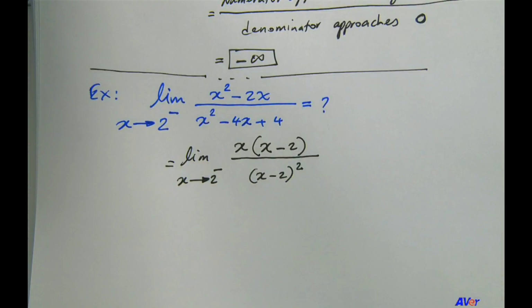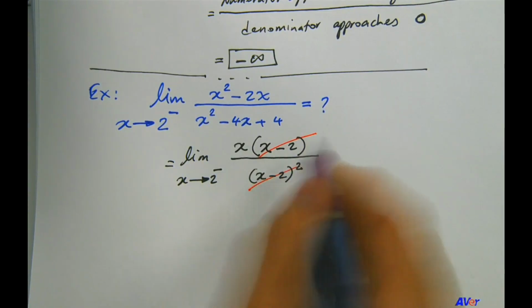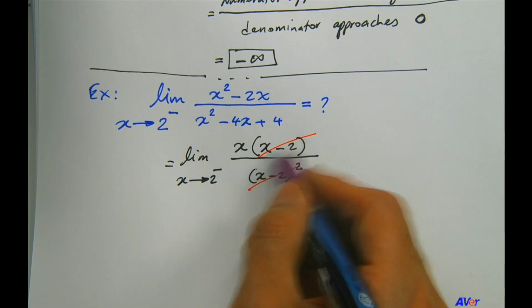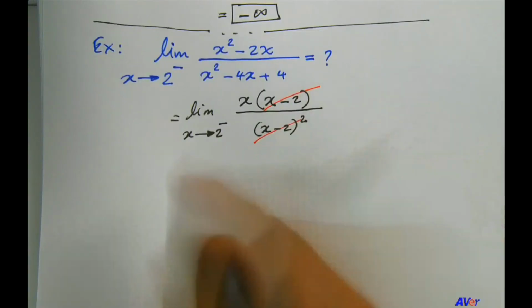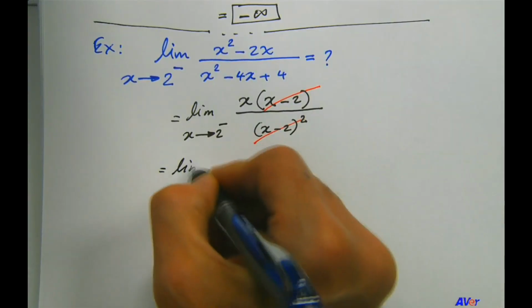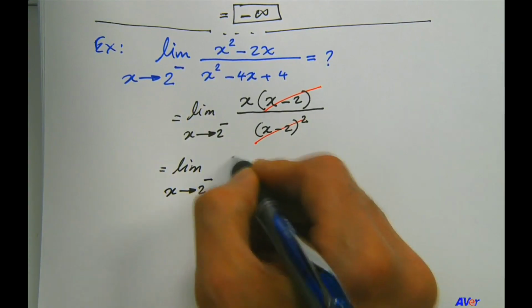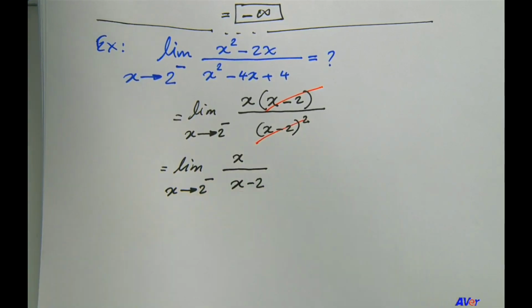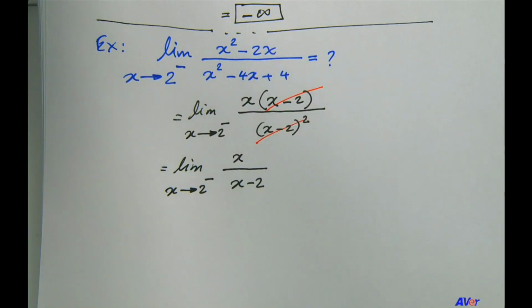And of course, one of this x minus 2 and one of this x minus 2, because we have two of them being multiplied, cancel out, and we end up with the limit as x approaches 2 from the left of x divided by x minus 2. So we have simplified this original expression as much as possible. Now we can apply the limit.